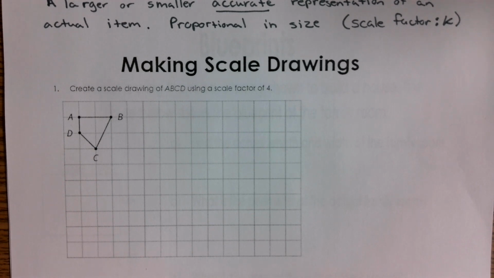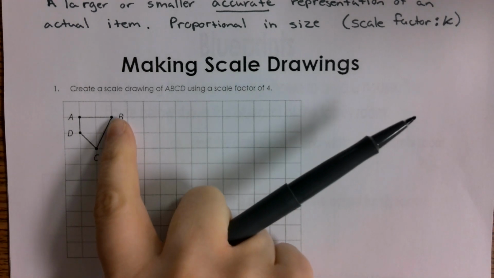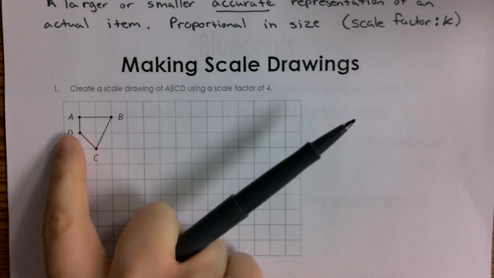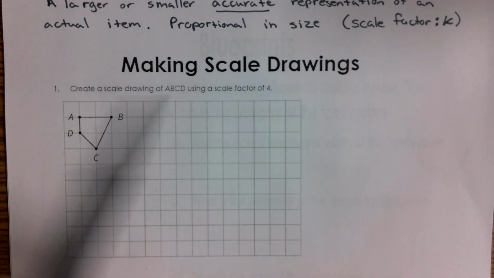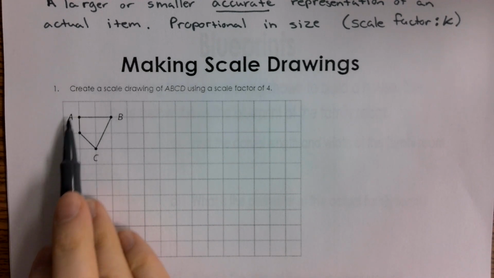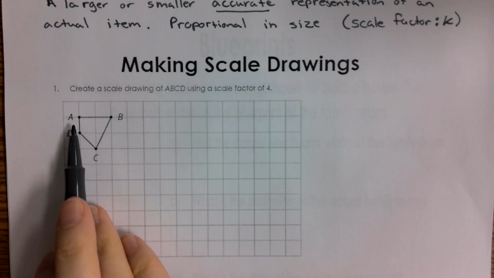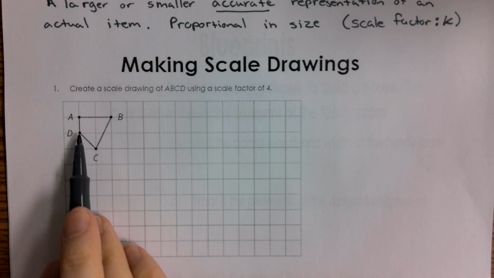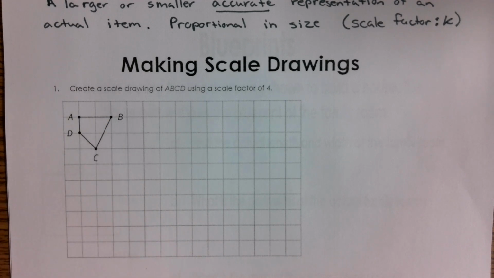Okay? So what we're going to focus on for right now, we're not going to focus on drawing line segment BC or DC, because I don't want to get into the whole idea of how to calculate those measurements. But what we are going to focus on is how to calculate going from A to D and A to B. We're just going to focus on those 2 line segments.